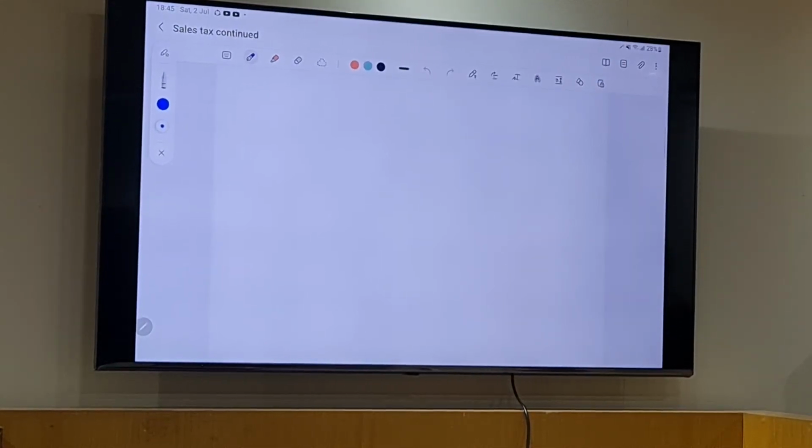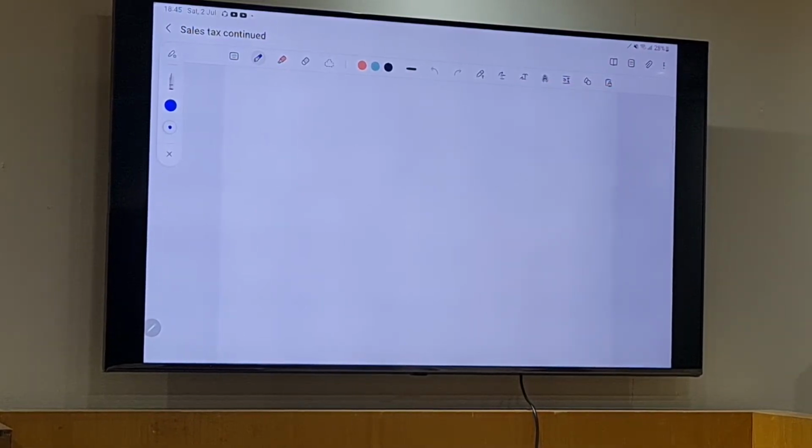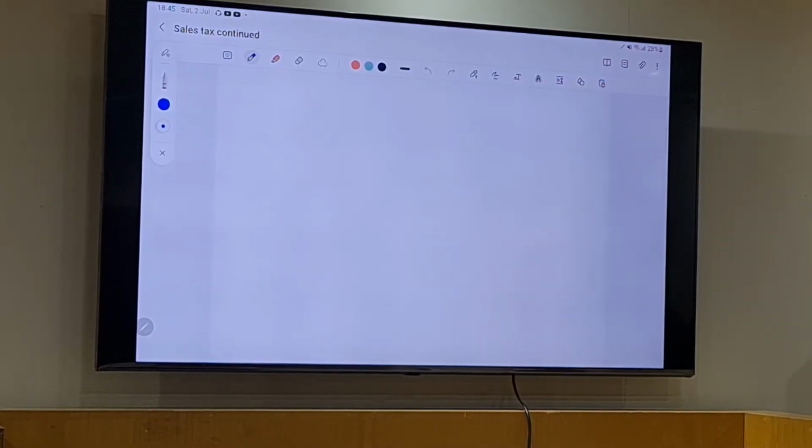So in the previous class we started discussing sales tax. As a continuation of that, we have to understand the double entry. We did not discuss the double entry for sales tax in the previous class.